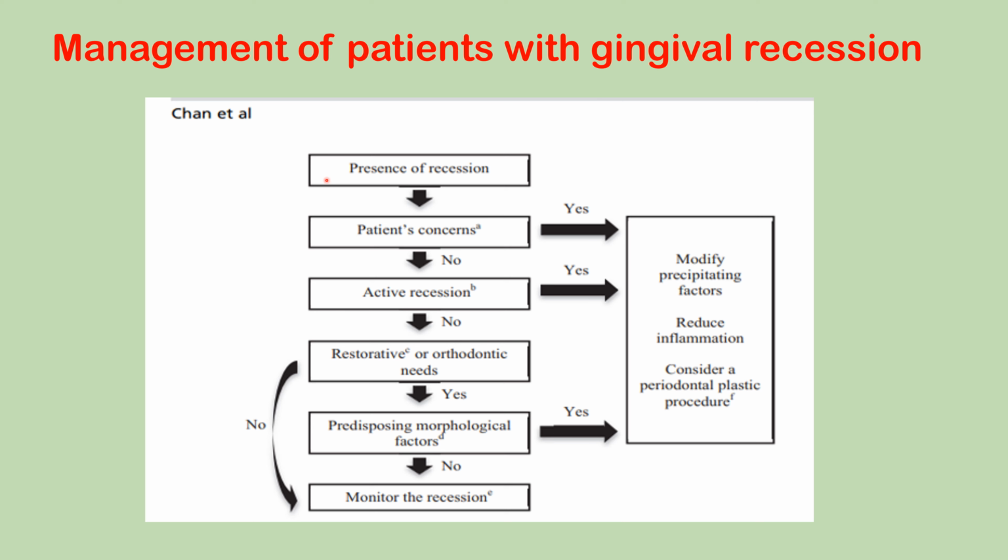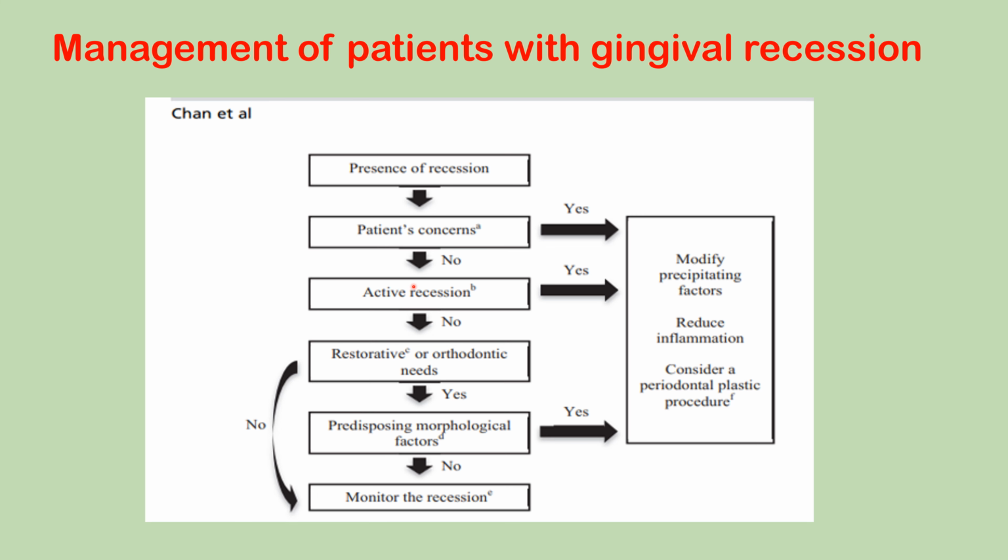Coming to the management of patients with gingival recession. Whenever there is presence of recession, we will look for the patient's concerns, that is aesthetics or presence of root sensitivity. If the patient's concerns are absent, we will look for active recession, which is determined by comparing the size of the current lesion to the patient's previous record.